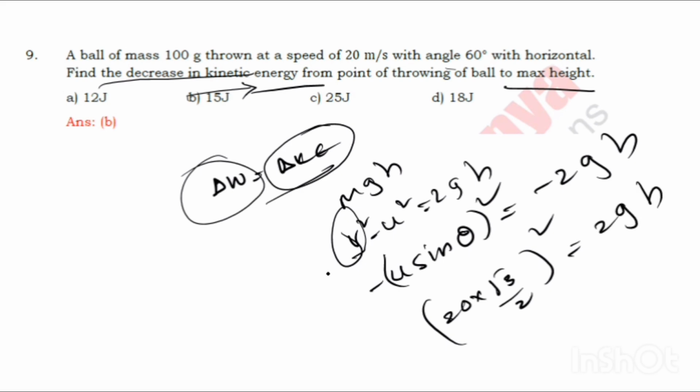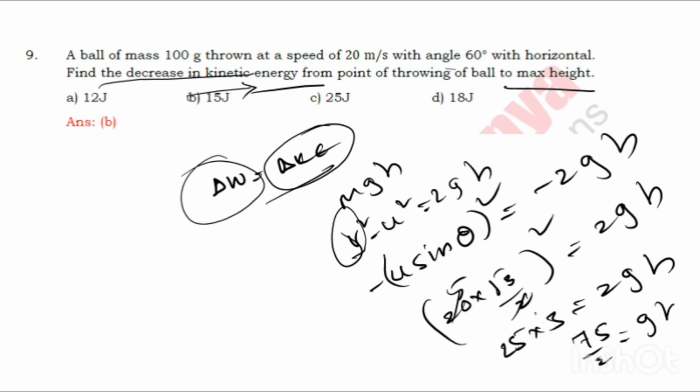Here 3 by 4, 5 into 3, right? 25 into 3 is equal to 2gh, right? Am I correct? Okay, 25. Okay, this is 75 by 2 is equal to gh.